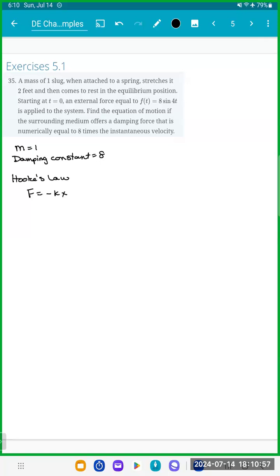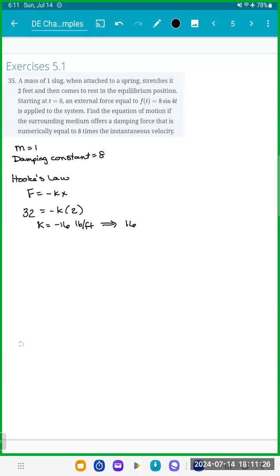And acceleration due to gravity gives us 32 feet per second squared. So we have 32 here is equal to negative k times 2. Therefore, our k is equal to negative 16 pounds per foot. However, we can omit the negative here because we really just want the magnitude. So we can just say that our k is 16.